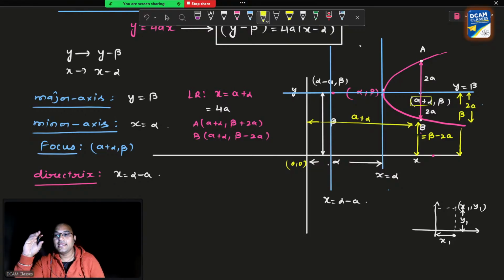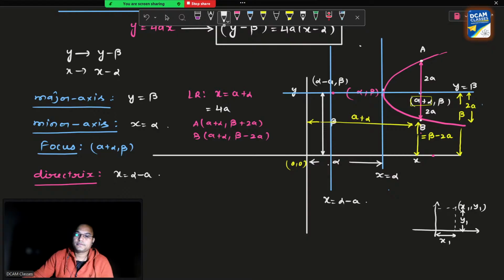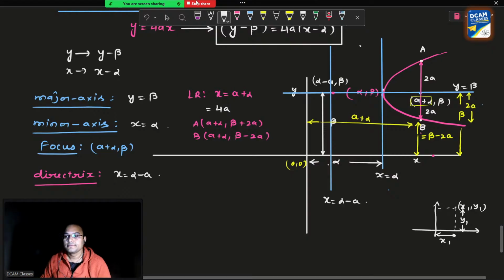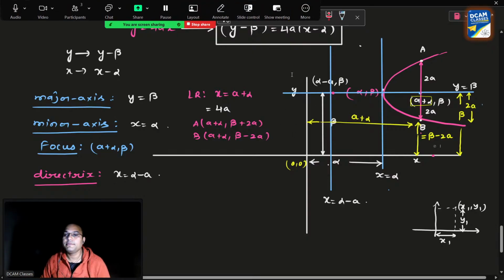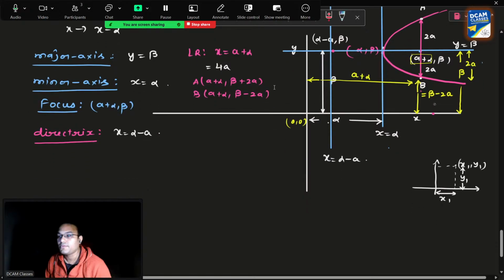See, I know it's not difficult for you, but why does it become difficult or confusing? Because you have to find out the distances. Sometimes it becomes confusing because you're not able to identify the distances, that's all. The same thing if you do at home, you will be able to do properly.